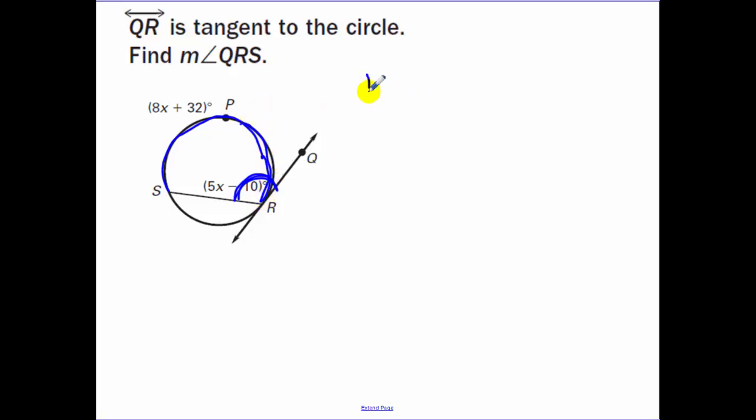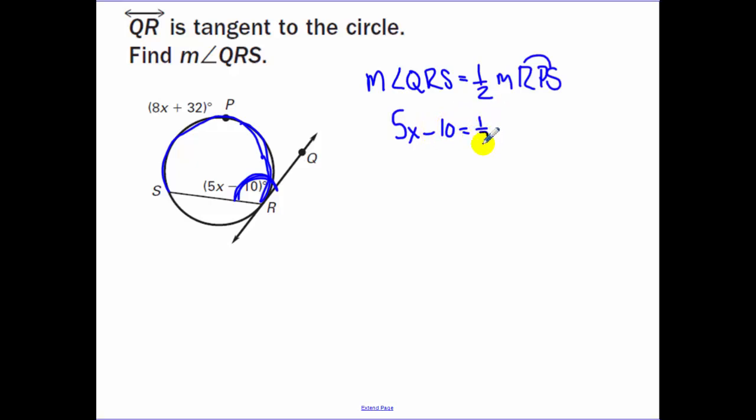So therefore the measure of angle QRS is equal to half the intercepted arc, so that's the measure of arc RPS. So QRS is 5x minus 10. That equals 1/2 of 8x plus 32.